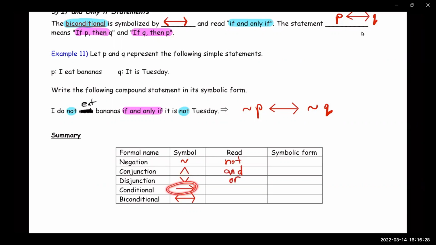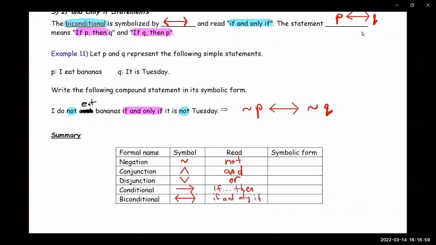And then this one is "if, then." And then this would be, what was that? It's "if and only if."